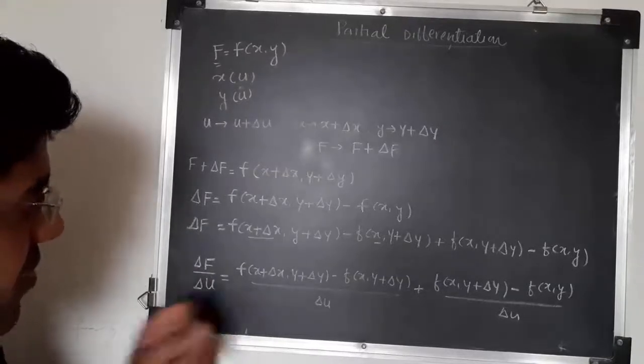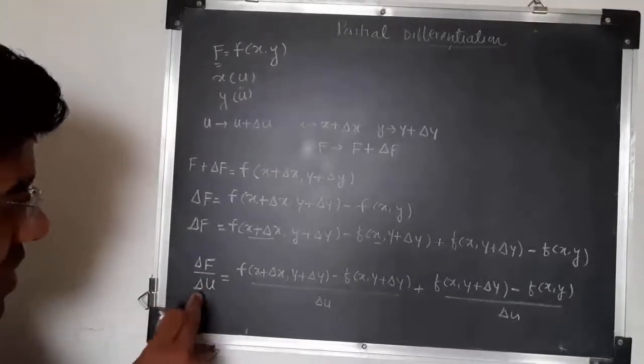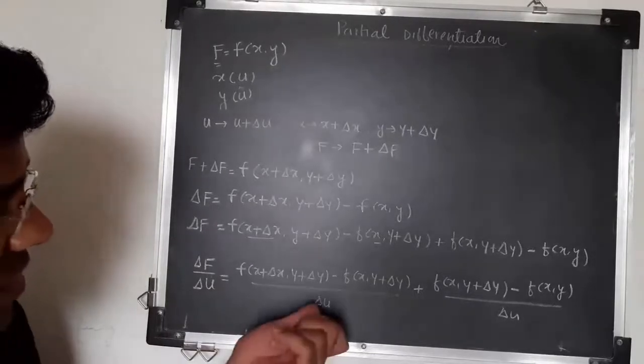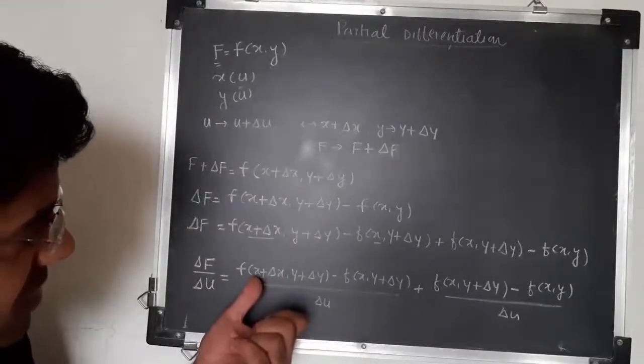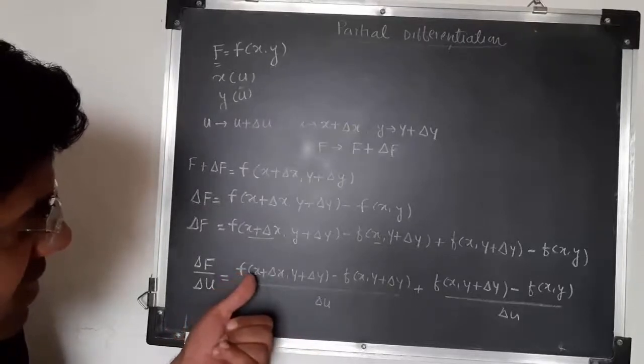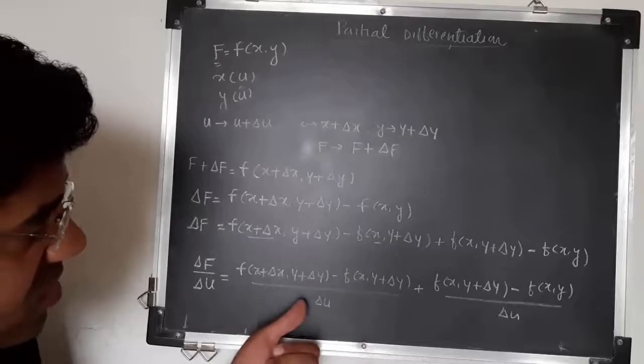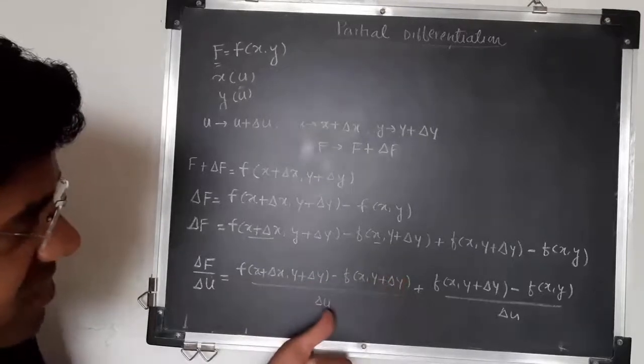Now we will take the limit as delta u tends to 0. Now here the given function is in the definition form. This is x plus delta x, y plus delta y, where x changes, so I will divide and multiply by delta x over here.